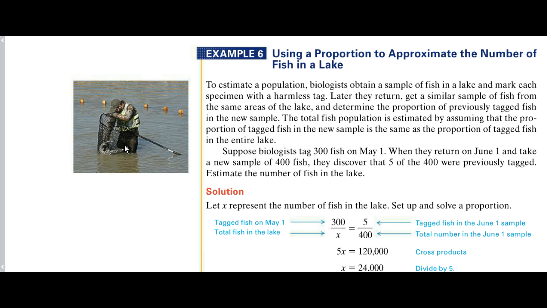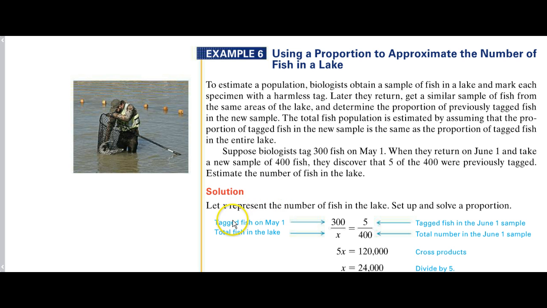Then you just release them all and let them all swim and mix up, and then come back at a later date and capture some more fish. Now, of the fish you now capture, you see how many had the tag and how many didn't. So this is the proportion we're going to set up.